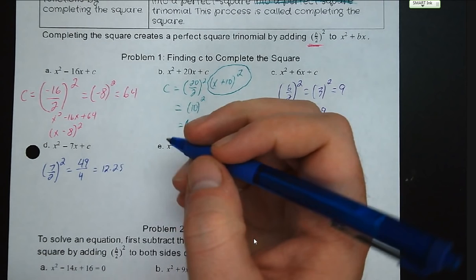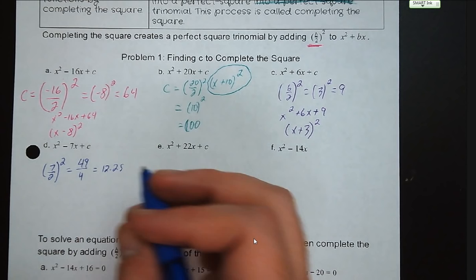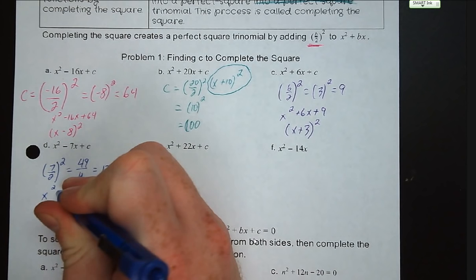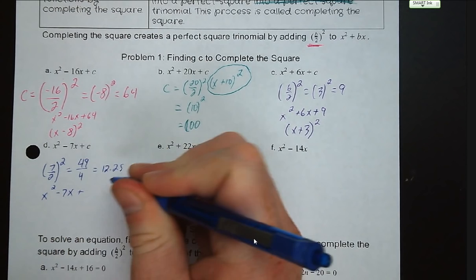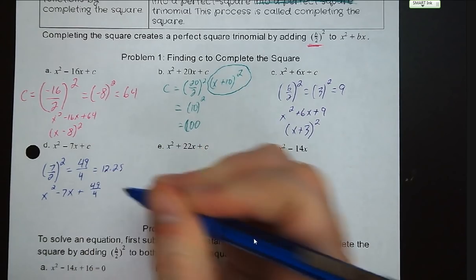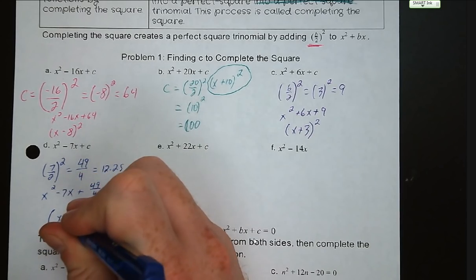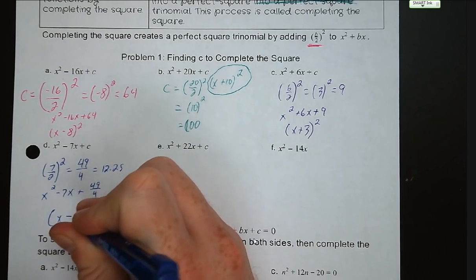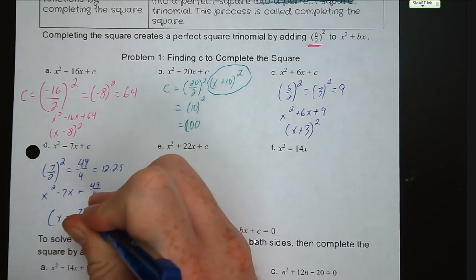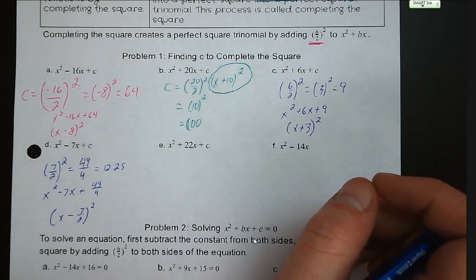You don't have to write it as a decimal, you could just leave it as the improper fraction. So it would be x squared minus 7x plus 49 over 4. When you factor that, you get x minus 7 halves, the quantity squared.